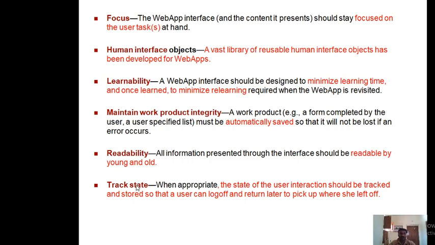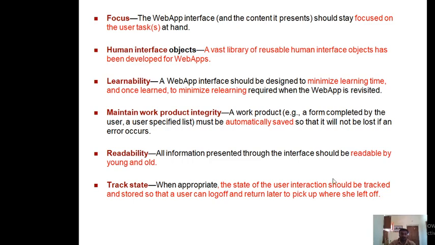Then the last principle is track state. Track state means the state of the user interaction should be tracked and stored so that the user can log off and return later to pick up where she left off.